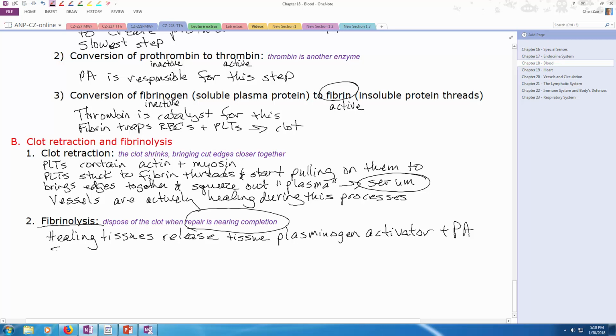It starts a cascade of events. Starts an enzyme cascade itself, which results in the digestion or destruction of the clot.